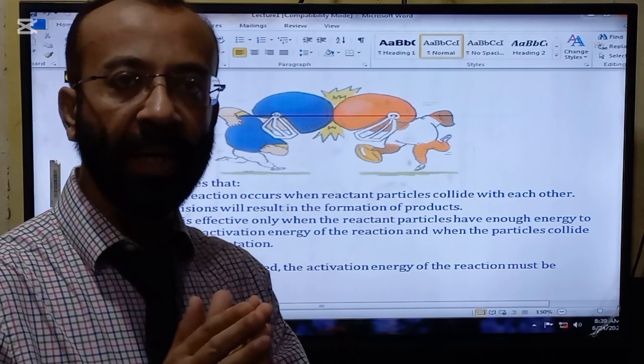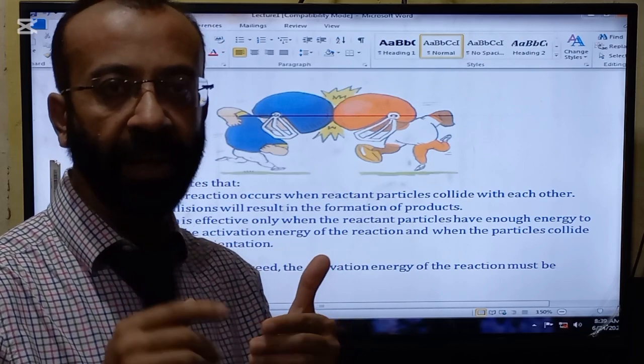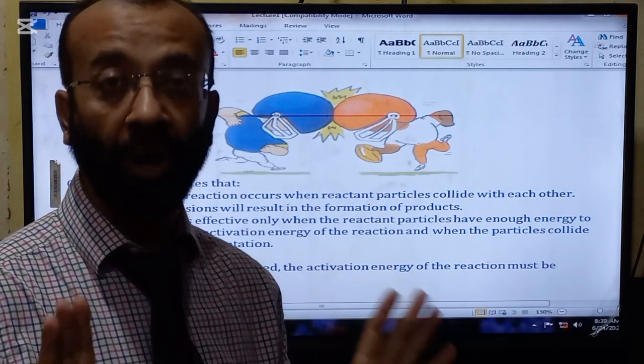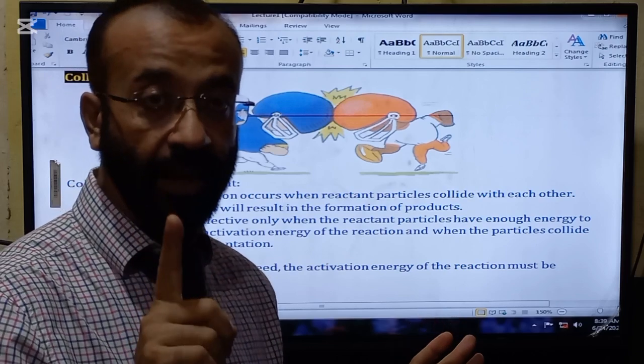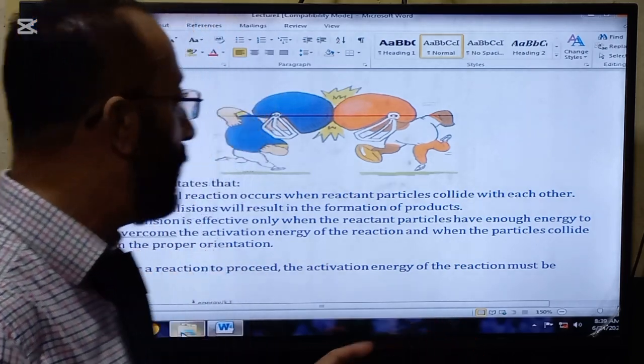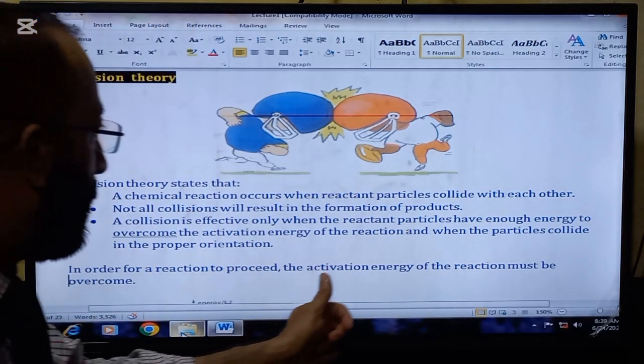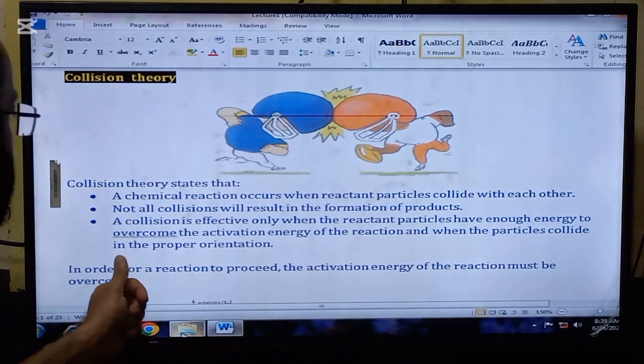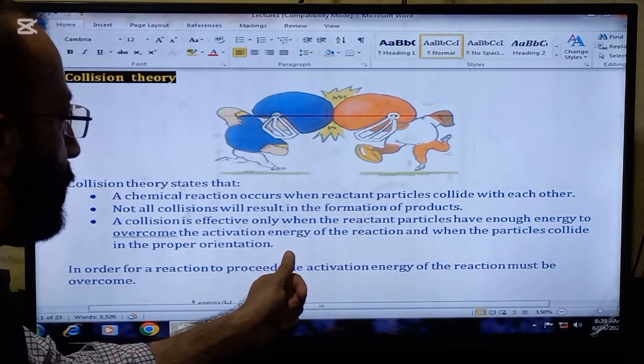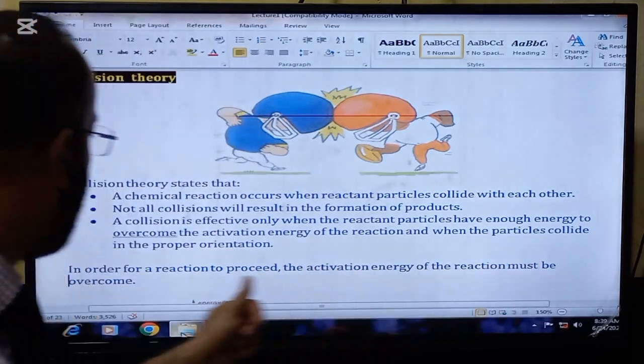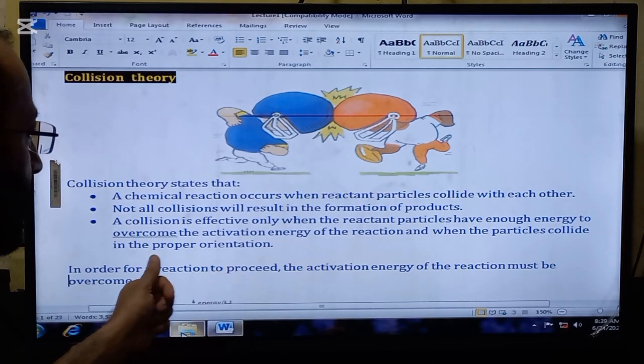Although the particles collide with one another, if the collision is not successful, there will be no product. The conditions for a successful collision are that the particles have enough energy to overcome the activation energy, and that the particles collide in the proper orientation.